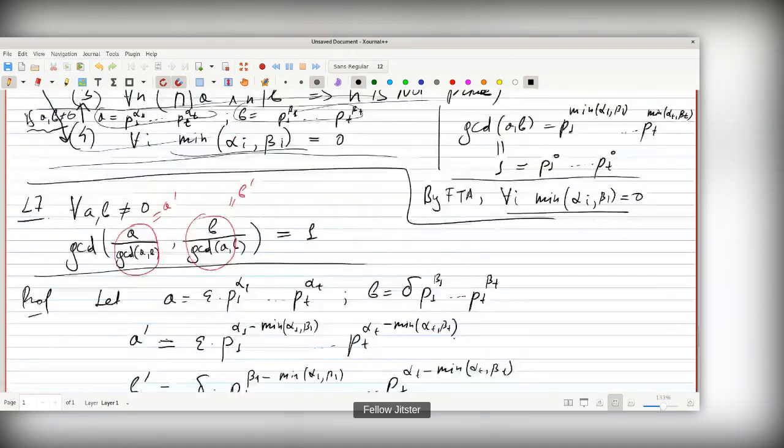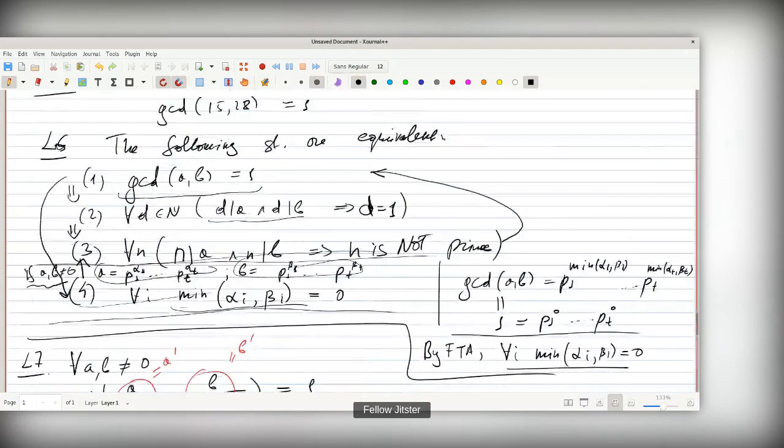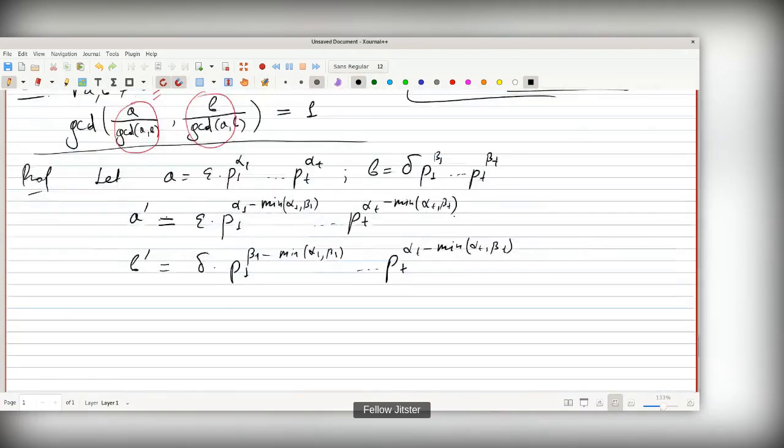In order to prove that they are coprime, it is enough to prove that the minimum of these two exponents is always 0. It is not possible that both of them are greater than 0.